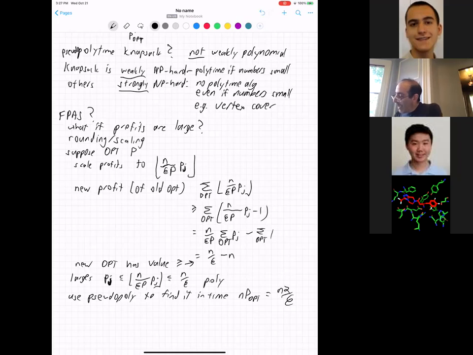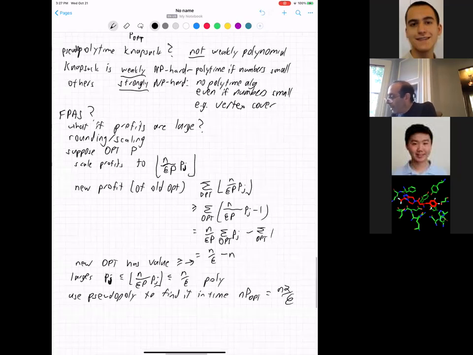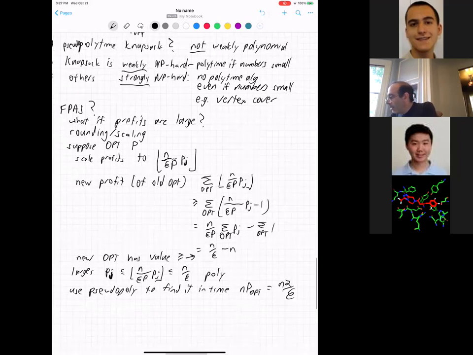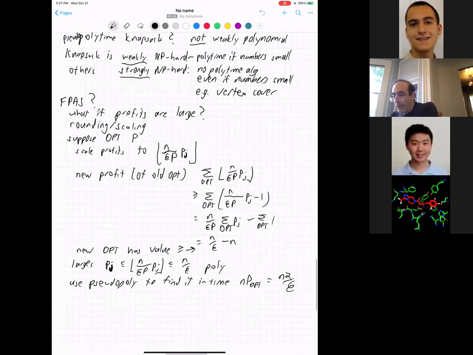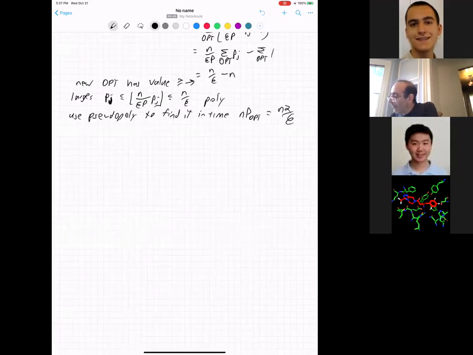So now we have found a solution with these scaled profits. What can we say about that solution with regard to the original problem? So we can now return to original values, right? We have a set of items. So what can we say about the value of the set of items that we just found?